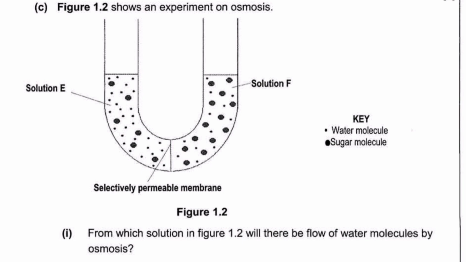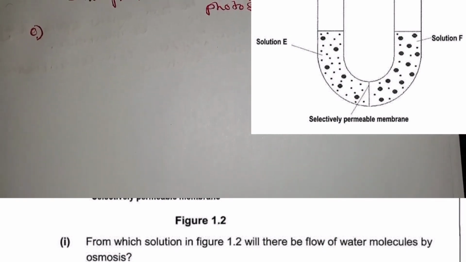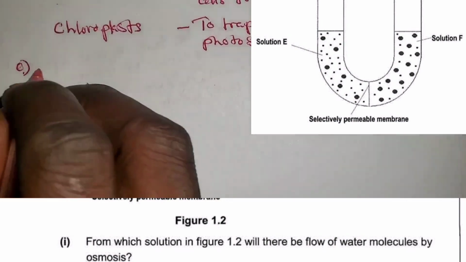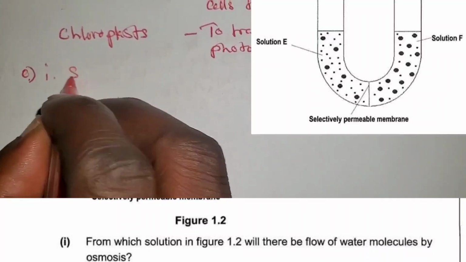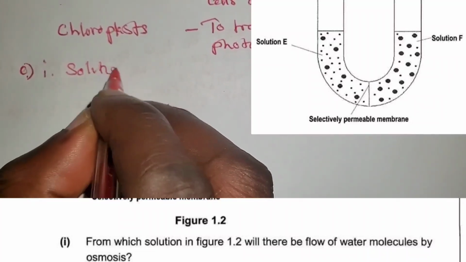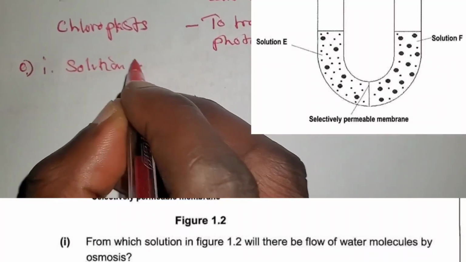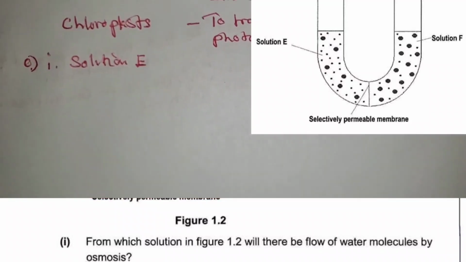From which solution in figure 1.2 will there be a flow of water molecules by osmosis? The answer is very simple: solution E, because that's where you have more water molecules.